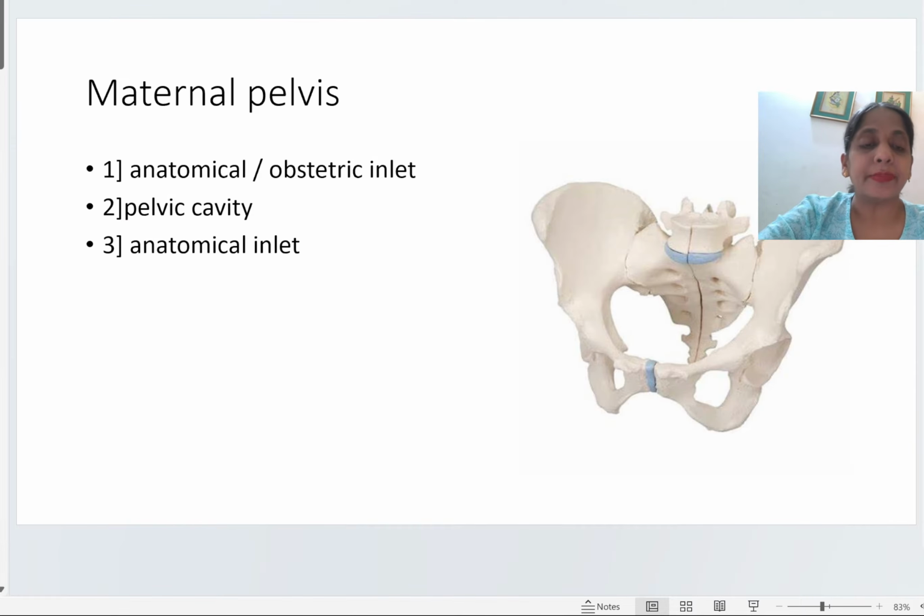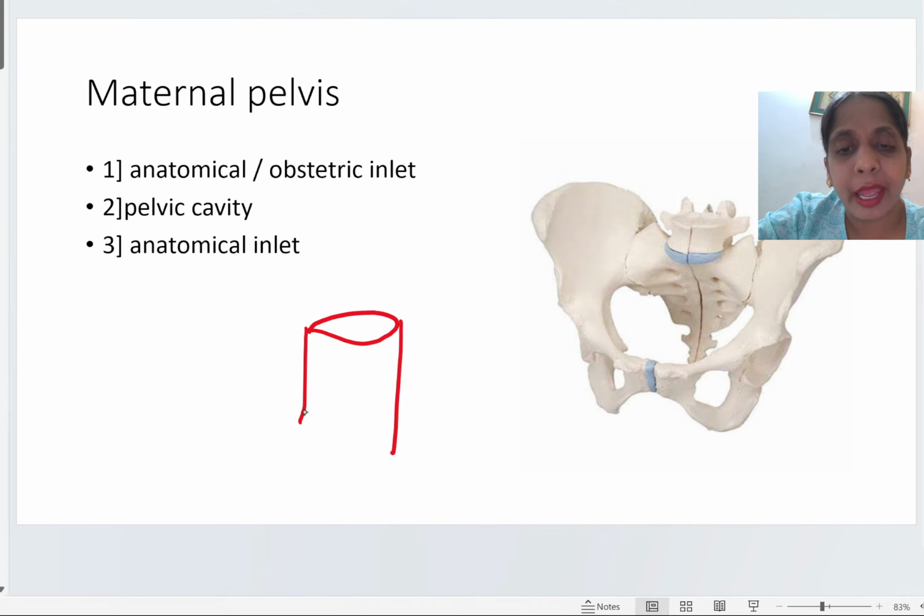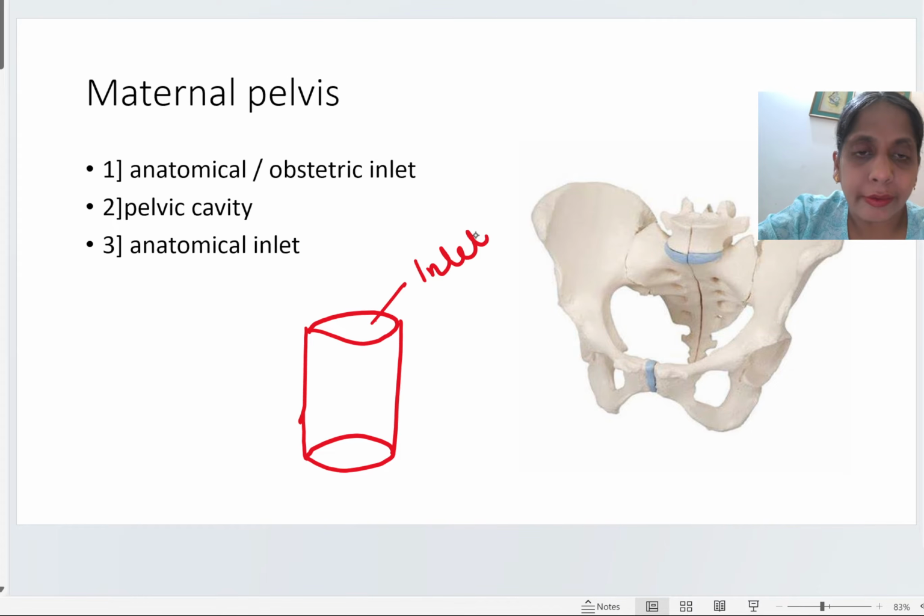Now see, this is the maternal pelvis. The maternal pelvis is divided into three parts. For example, if we have a cylinder like this, then it has three parts: the inlet, the outlet, and the cavity inside.